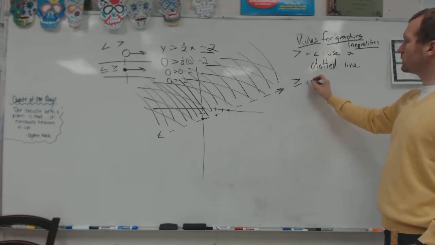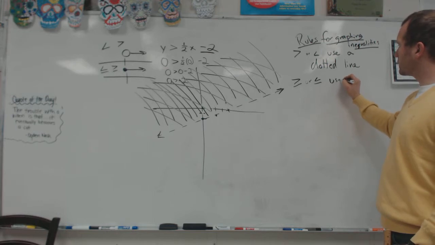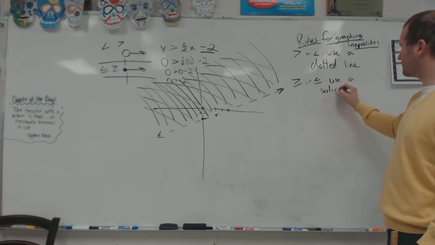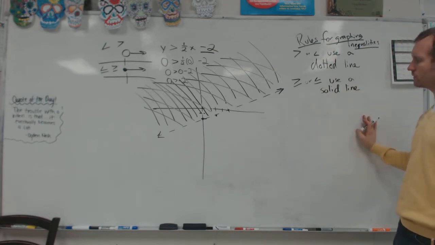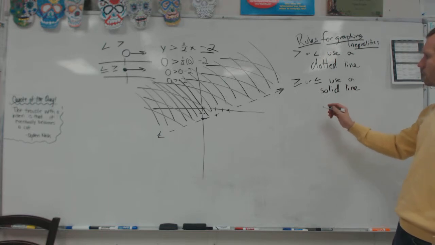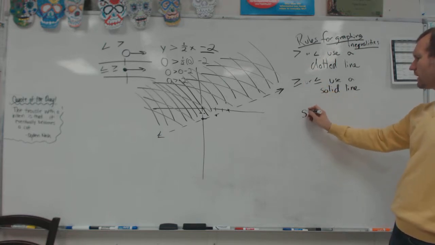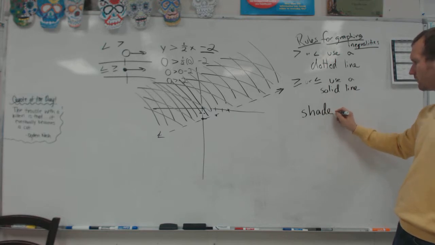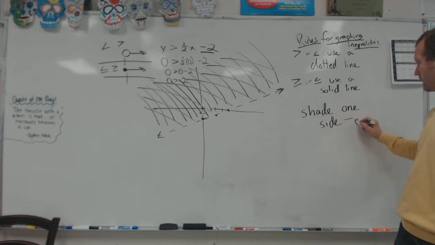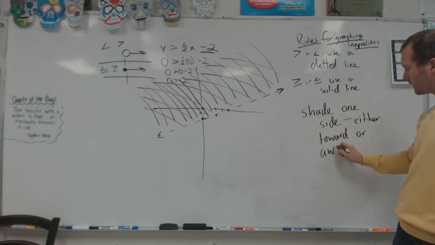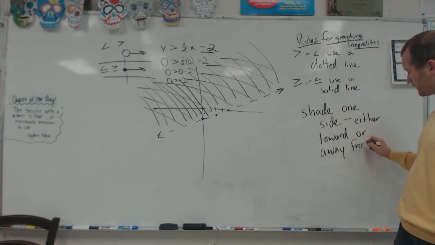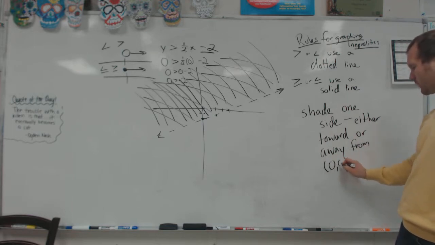Greater than or equal to, or less than or equal to, use a solid line. And then shade one side, either toward or away from the point 0, 0.